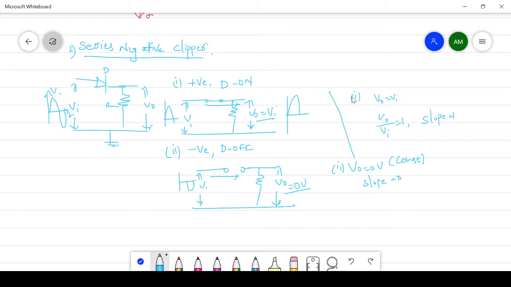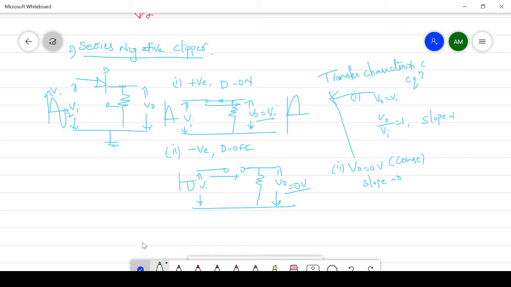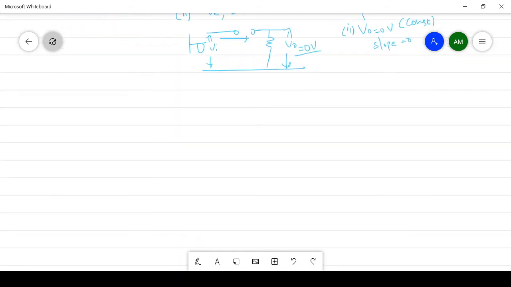These two equations are the transfer characteristic equations. From these two equations we have to draw the transfer characteristic curve.